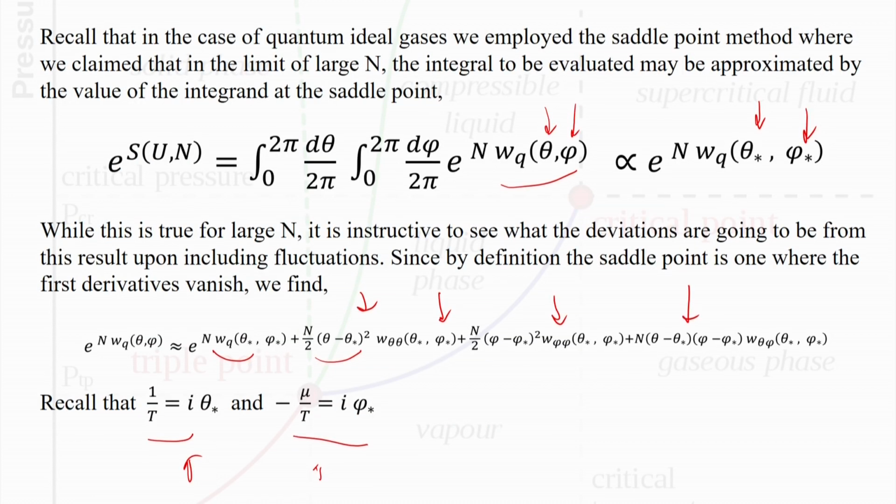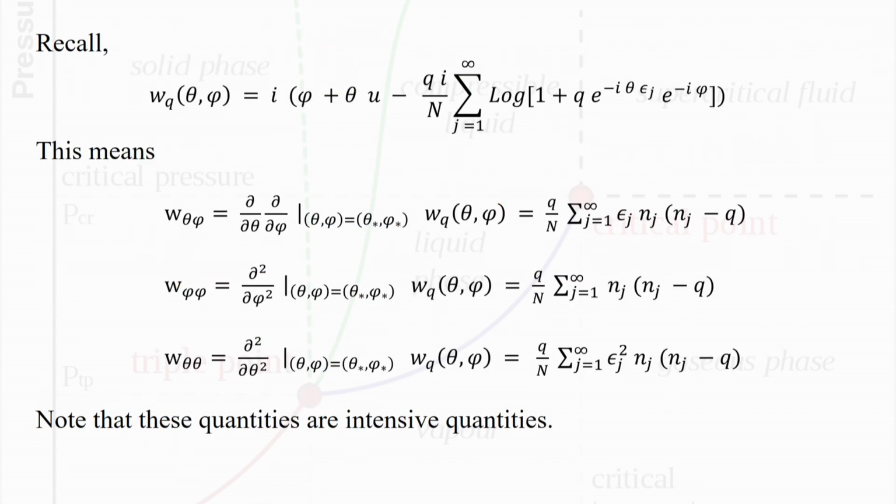So let me evaluate these coefficients. These coefficients are nothing but the second derivatives of W with respect to theta and phi, and then there's the mixed derivative with theta and phi. Now W is defined in this fashion, and if I go ahead and evaluate this, I get these nice expressions. So for W theta phi, what does this mean?